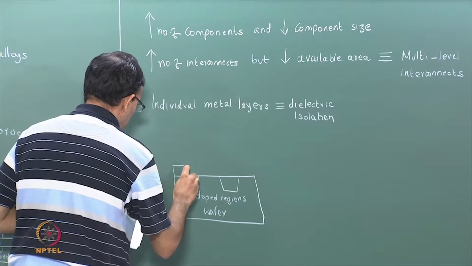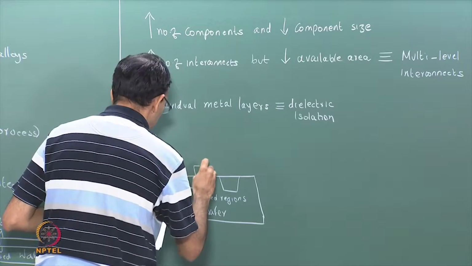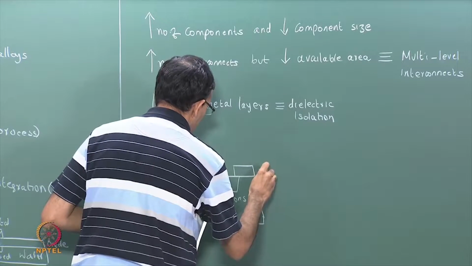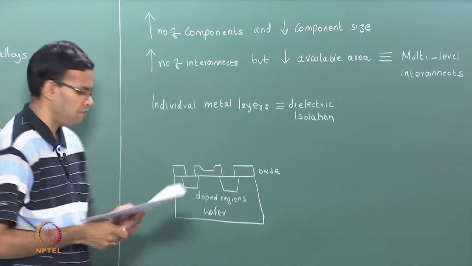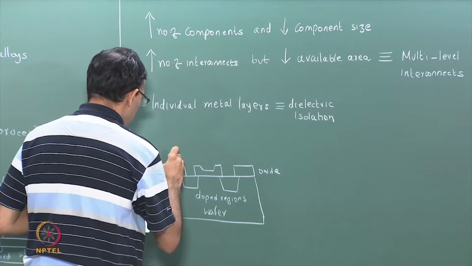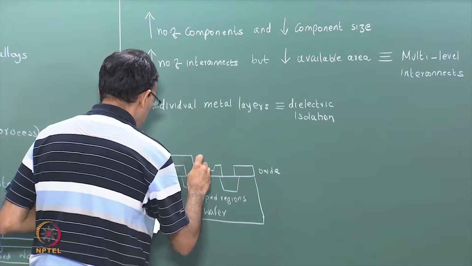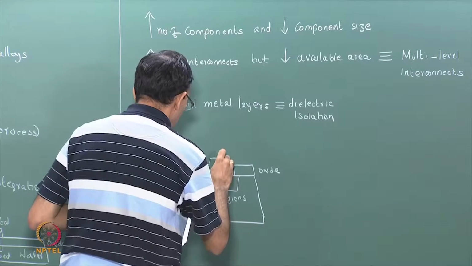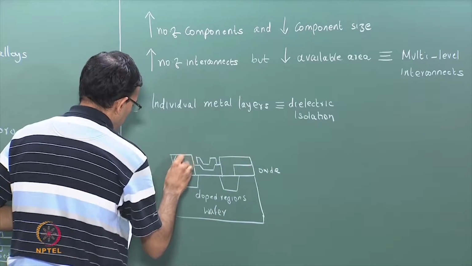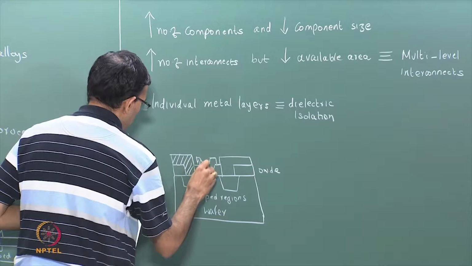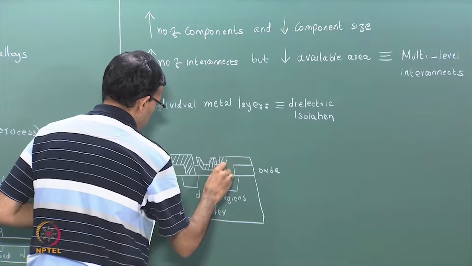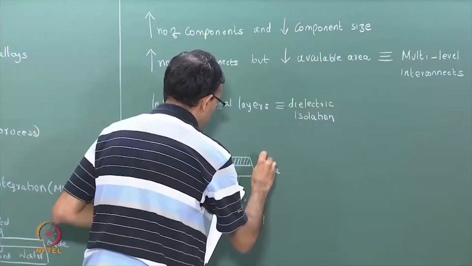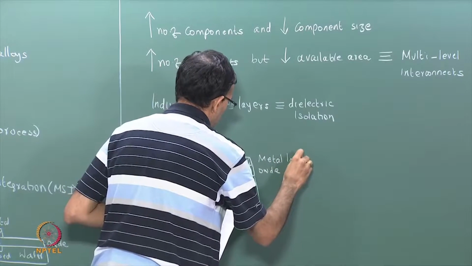So again we can use an oxide layer for passivation. So now we have the first layer of metals. So the shaded region represents the first metal layer, metal layer 1.